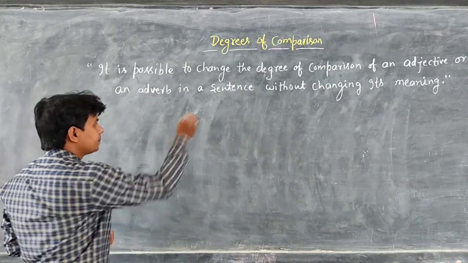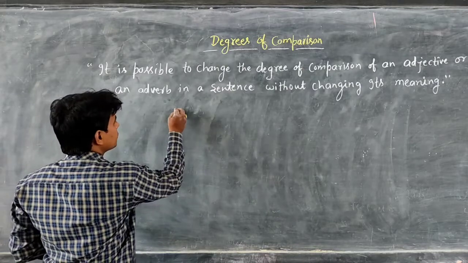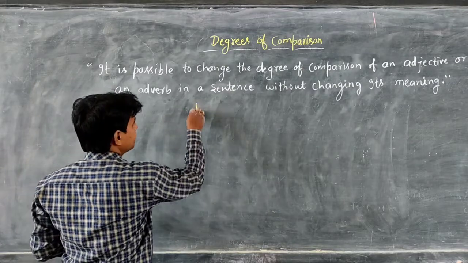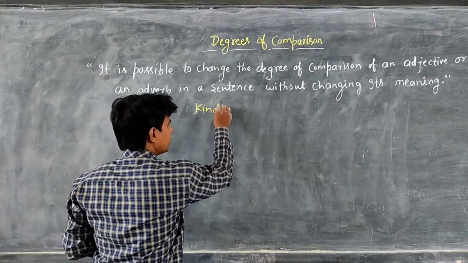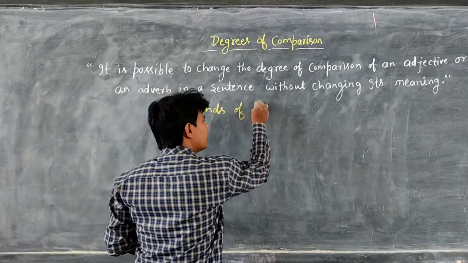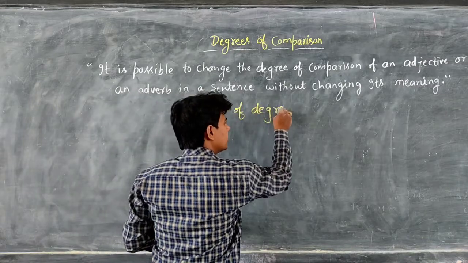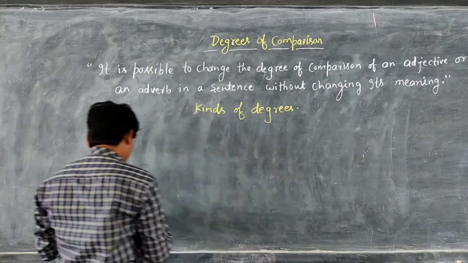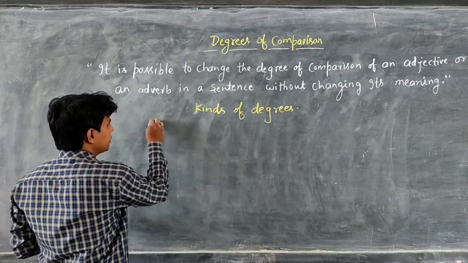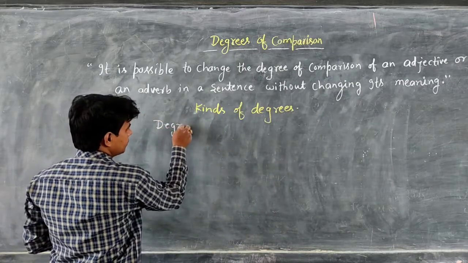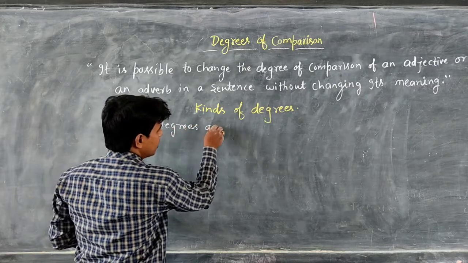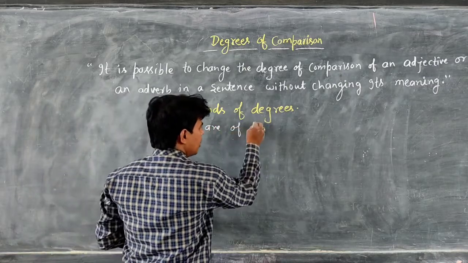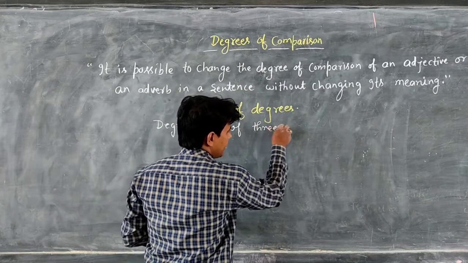So we can say that degrees are of 3 types.